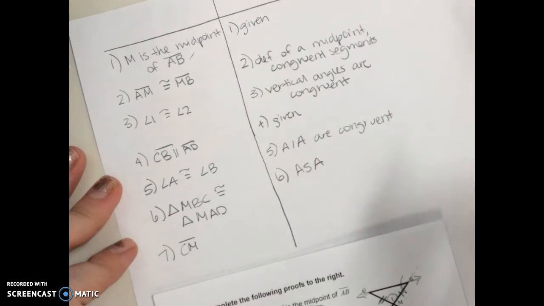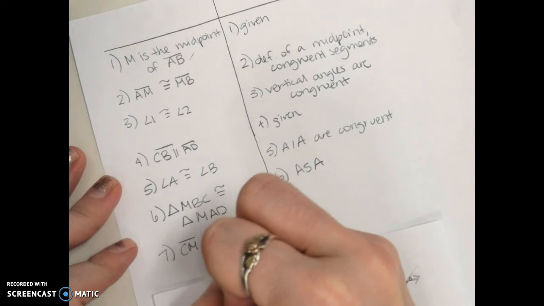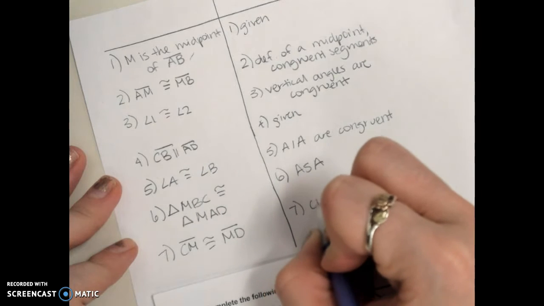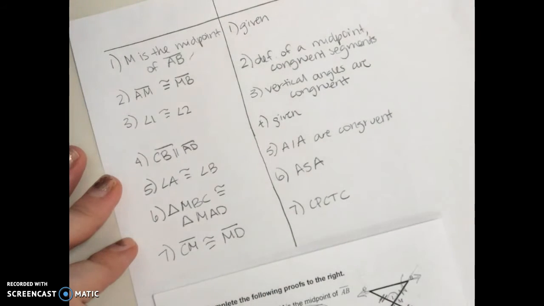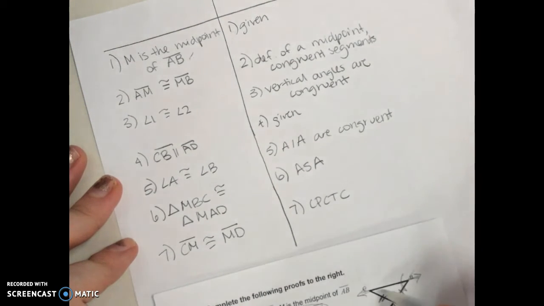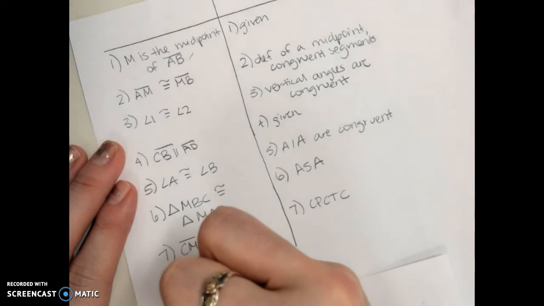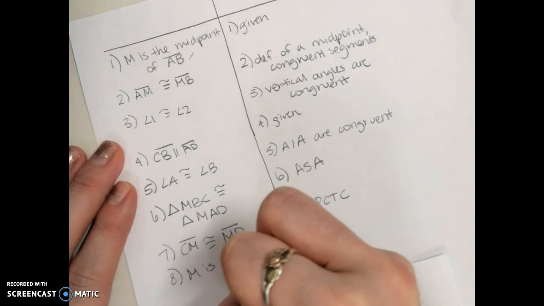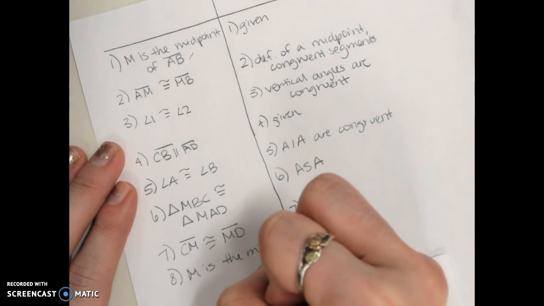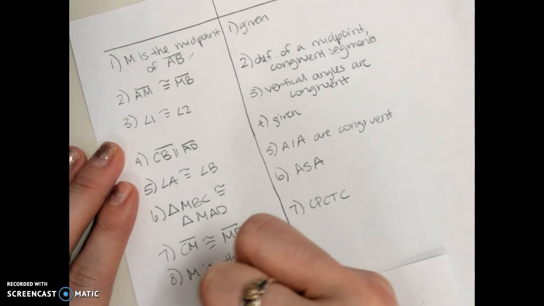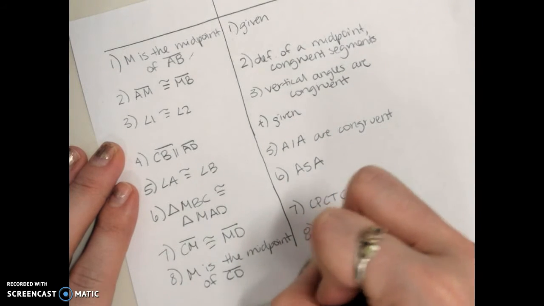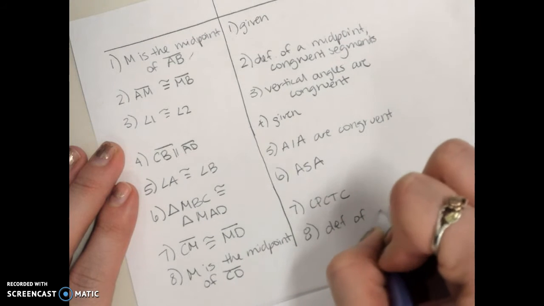So CM has to be congruent to MD because of CPCTC. So if these two are congruent, that means that M has to be the midpoint, because that's the definition of a midpoint.